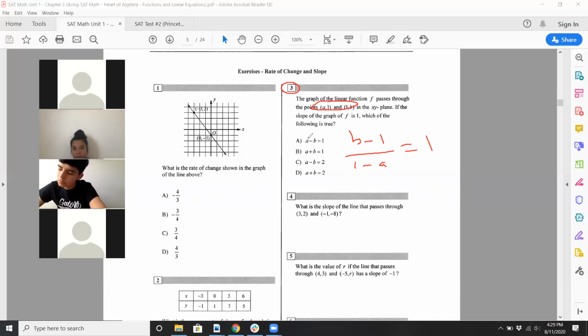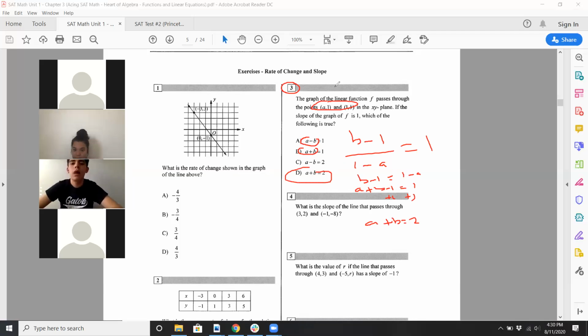And because they're asking you to put a and b on the same side, I'm going to cross multiply, add a to both sides, add 1, a plus b equals 2. And there you go. So that's why the answer is D, actually. Easy peasy. So that's number 3.